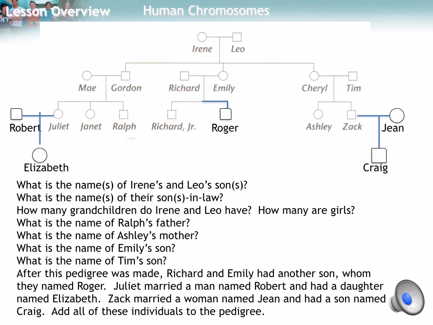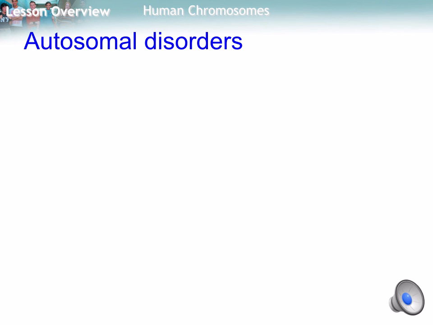Now that you know the symbols of a pedigree and how to construct a pedigree, we're going to be taking a look at the three types of pedigrees that I mentioned earlier: autosomal dominant, autosomal recessive, and sex-linked pedigrees. Before we go into those three, we've got to know what autosomal means.